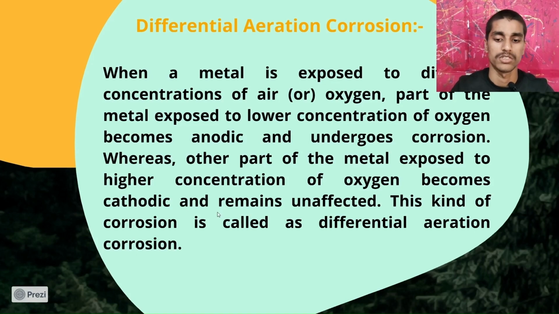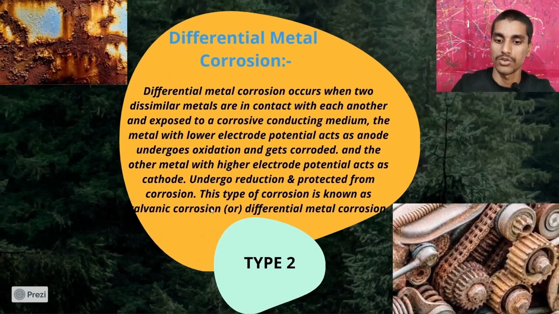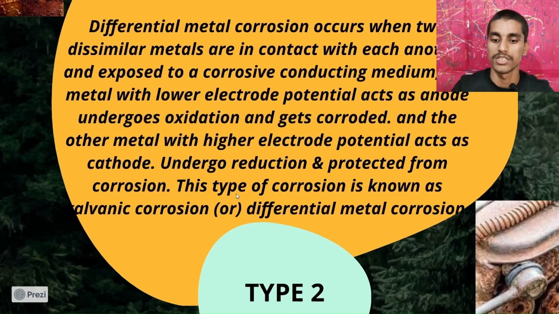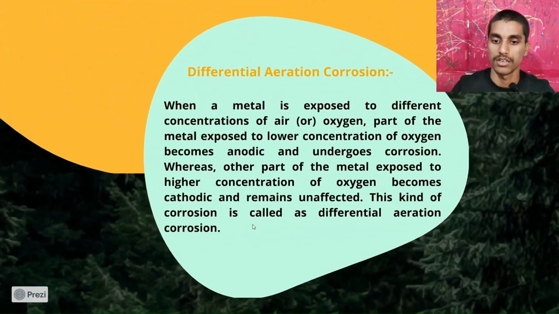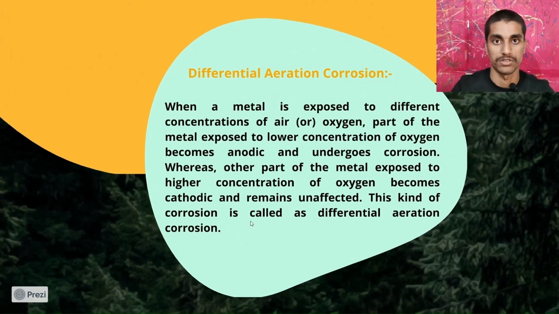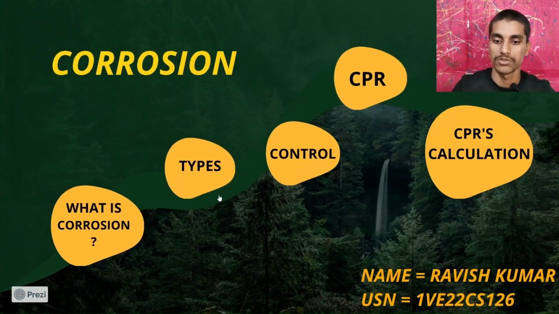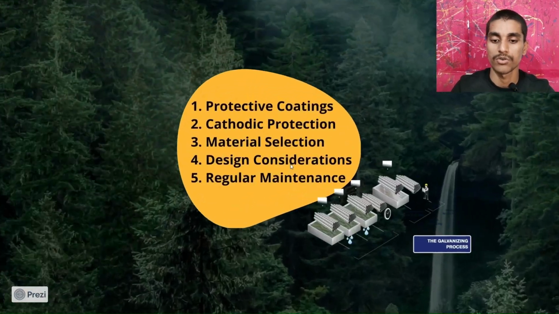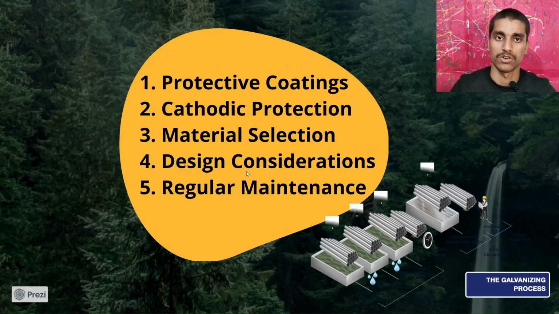This kind of corrosion is called differential aeration corrosion. So there are mainly two types of corrosion: differential metal corrosion and differential aeration corrosion.